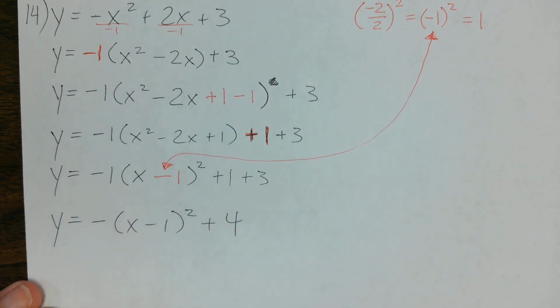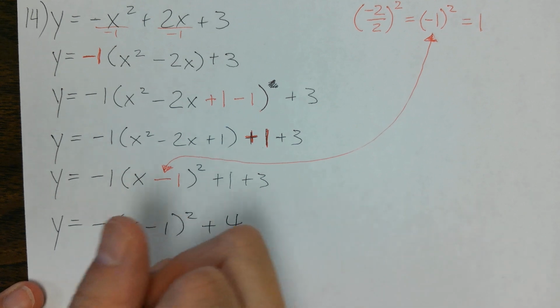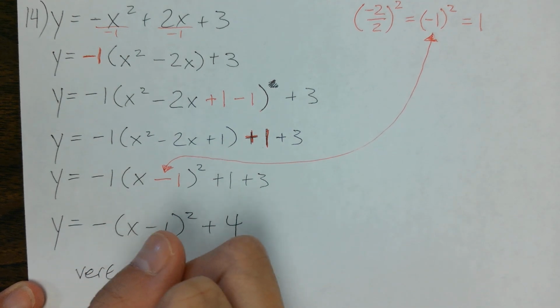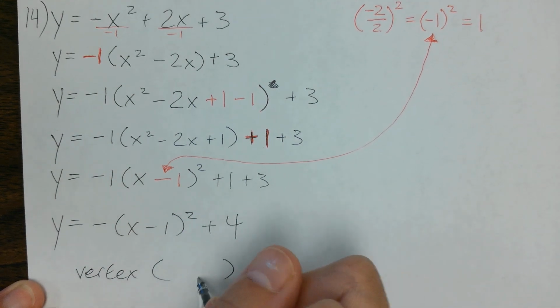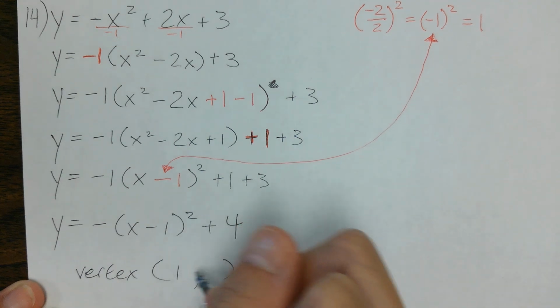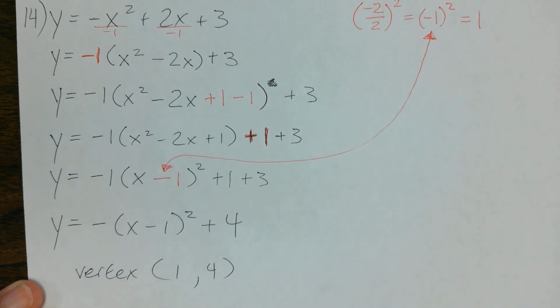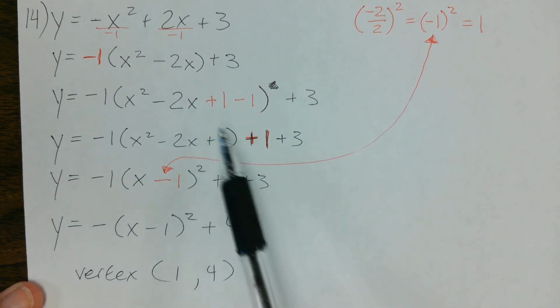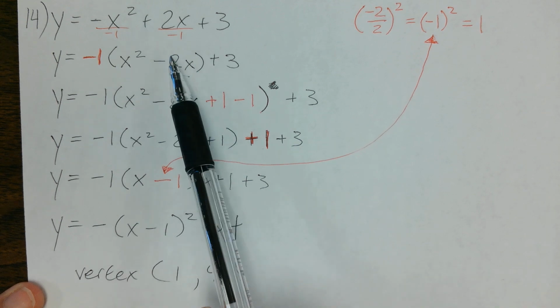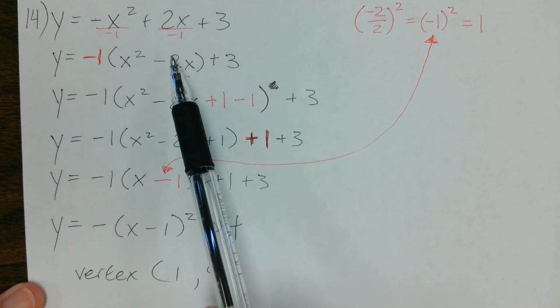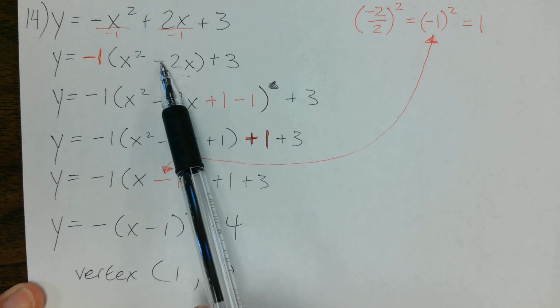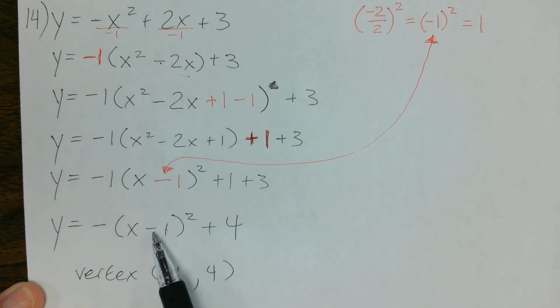Okay, I just add up the last one. Okay, in this case, what is my vertex? 1, 4. Okay, but the good thing was, when I went around, a lot of you guys put the +2x, and then right here you got that x plus 1, which then you guys wrote, oh, that means my vertex is -1 and 4.